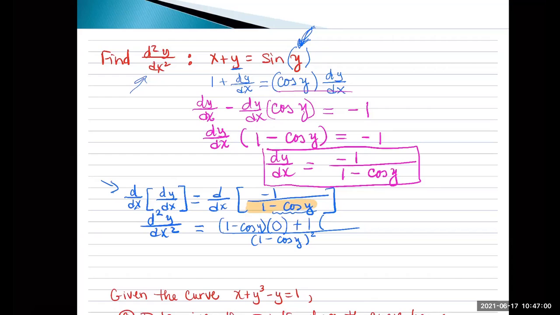Good, we would get a sine y, good. But then we have to multiply times what? Dy dx, good. That's the derivative of the inside function. So remember that this is cosine of y. The y there is the inside function.